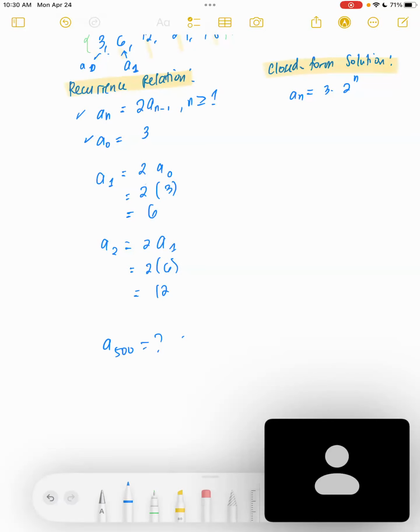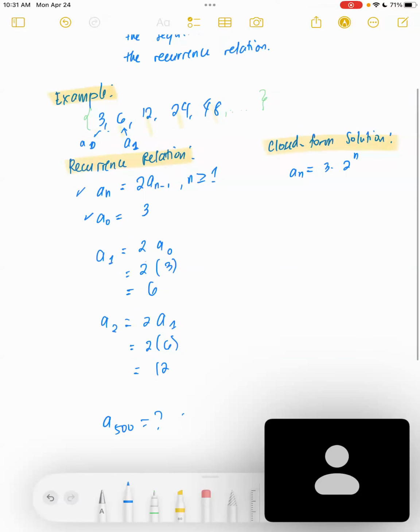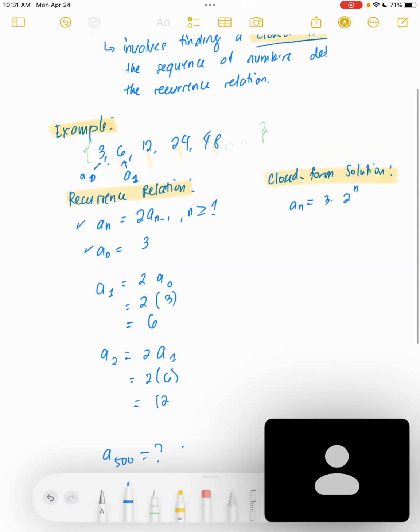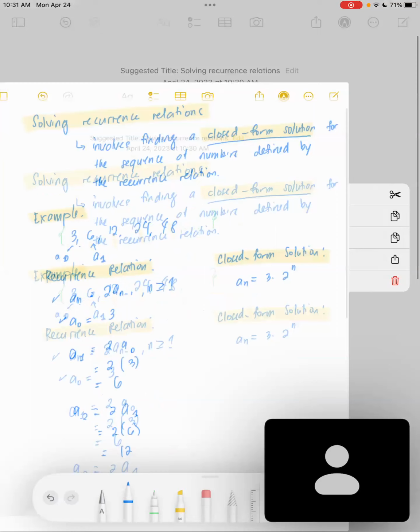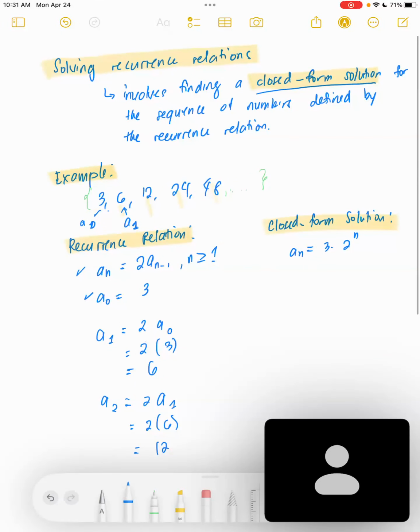Okay, that will take us a lot of time. So what we can do is to find a closed form solution to the sequence of numbers that is defined by the recurrence relation. So here's an example of a closed form solution.